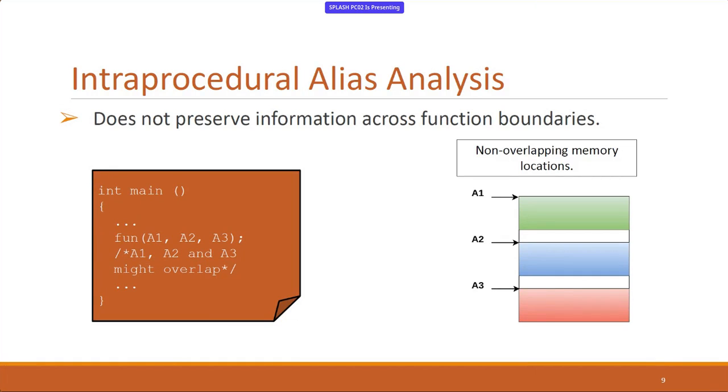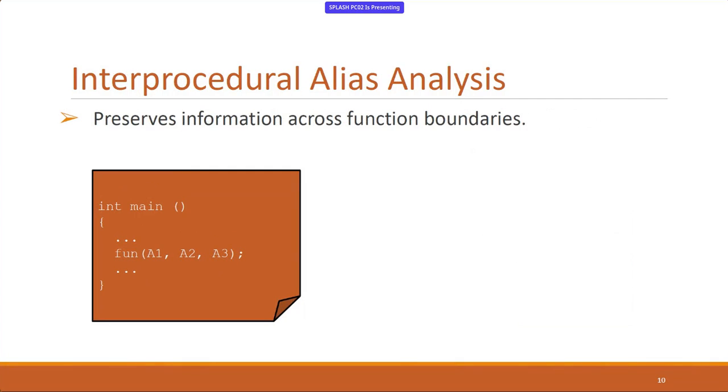As we can infer from the figure, these 3 pointers never point to overlapping memory locations. However, intra-procedural alias analysis does not preserve this information. It follows a conservative approach and assumes that these pointers might point to overlapping memory locations. And further, this information is provided to the compiler.